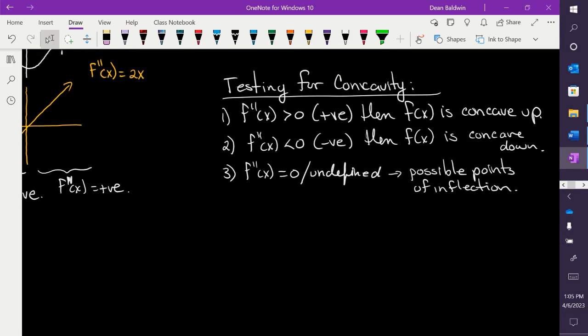So when the second derivative equals 0, those are the possible points of inflection. If the second derivative is positive, it's concave up. If it's negative, it's concave down. And possible points of inflection is a lot to write, so we're going to call them PPOIs. You can write out the whole thing if you want to.